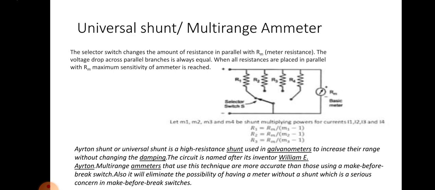So in the basic shunt and this universal shunt, there is a difference of only the resistances which are connected in parallel with the basic meter. So now we will move ahead with some numericals which can be solved by using the formulas which we have just studied, that is R1 is equal to Rm upon M minus 1.